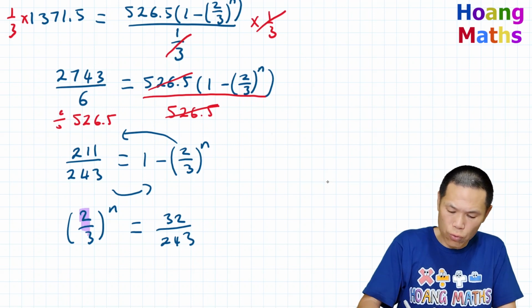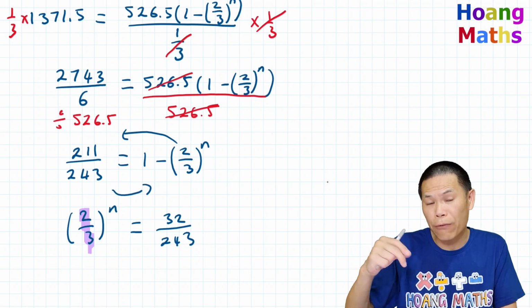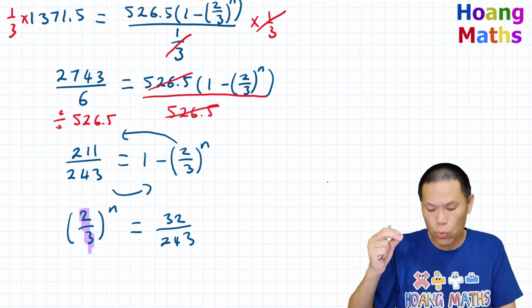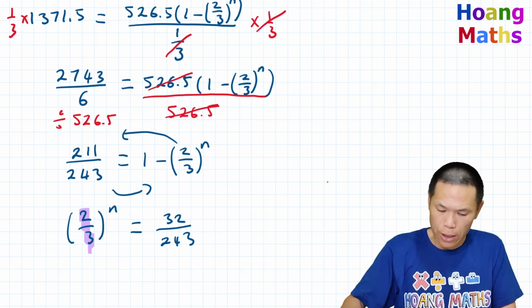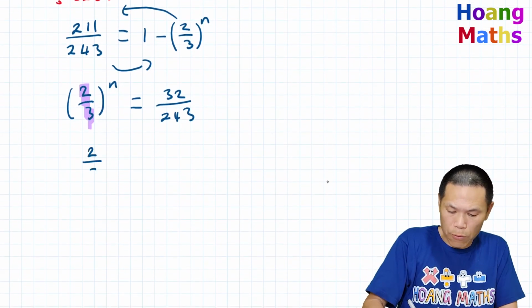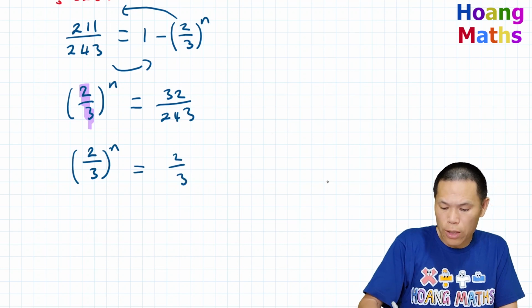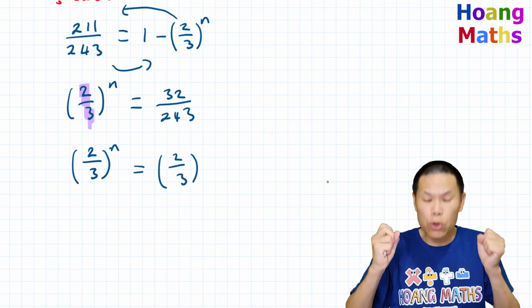So we know that on the right hand side, 2 power of a number will give me 32, and 3 power of a number will give me 243.